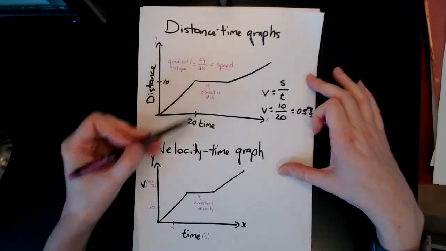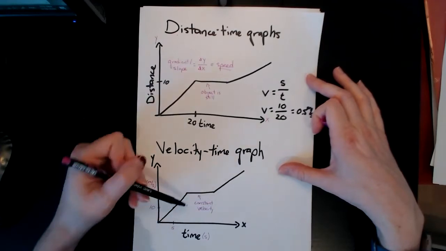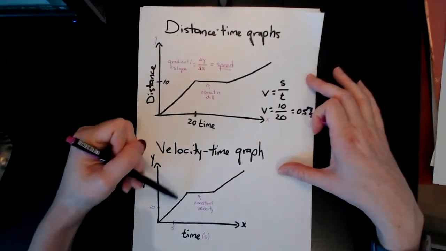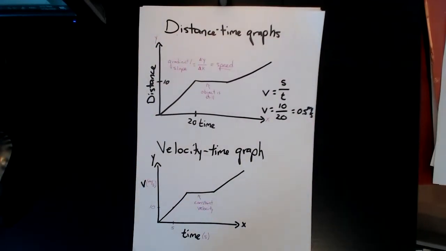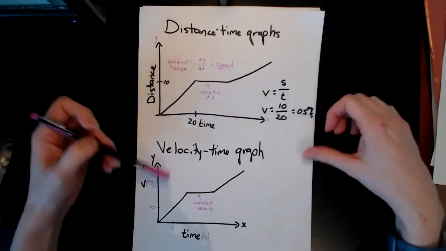So rather than not moving at all, the idea is that there is simply no acceleration. There is no change in the speed, which would be shown by a not flat line.